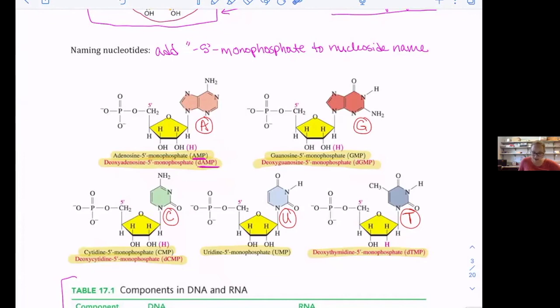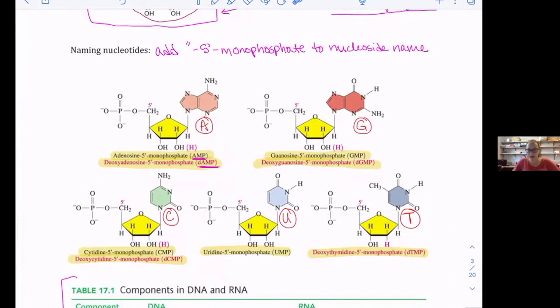So adenosine here, AMP is how you would put it in shorthand. Adenosine monophosphate, that's what AMP stands for. So this is the overall structure of that. If you replace this oxygen here with a hydrogen, you get deoxyadenosine 5' monophosphate, or lowercase d showing dAMP. And then it's the same for the others.